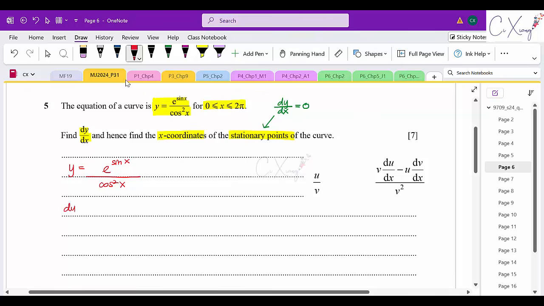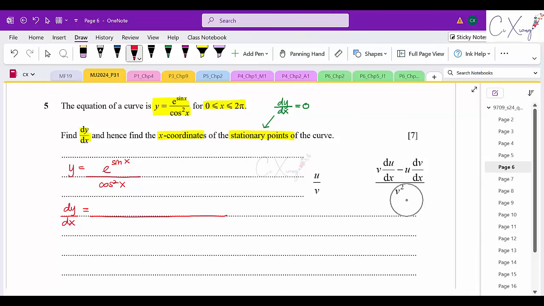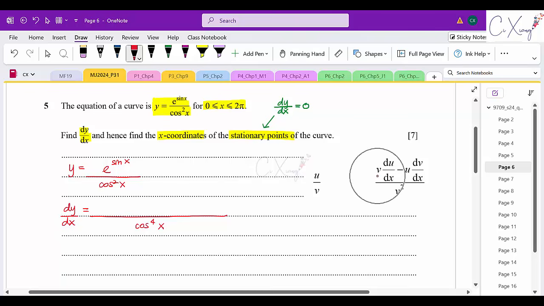To get dy/dx, you can see that my v is actually cos square x. So in the denominator, you have to square the v, which means I have to square the cos square x. So I have cos power 4 x. On top, I have v here, so I just copy the denominator up, which is cos square x.